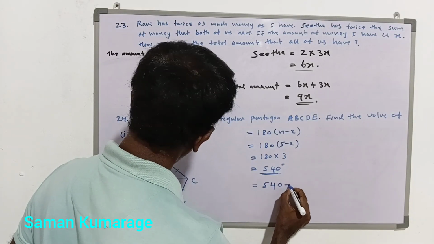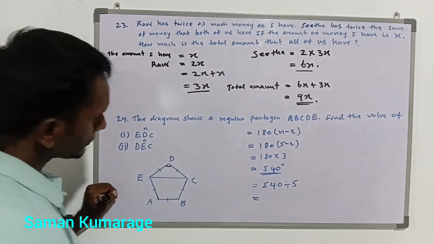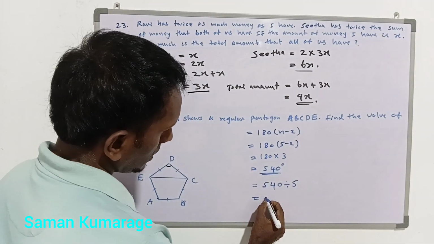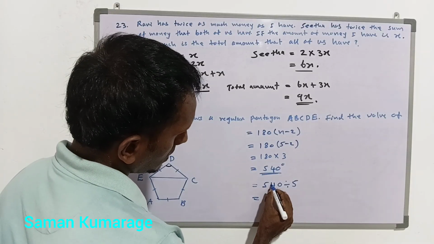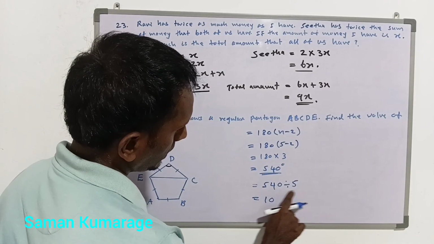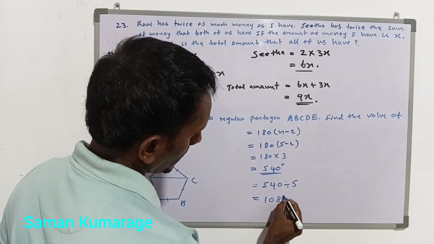540 by 5. Here, how many? 5 times 1 is 5, 5 times 8 is 40, so there is 108.